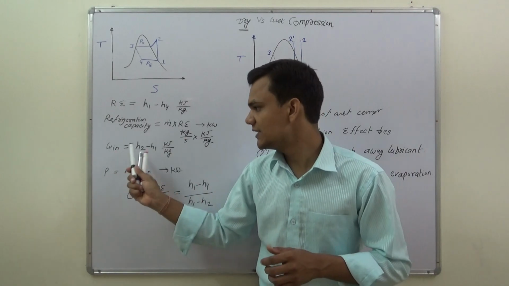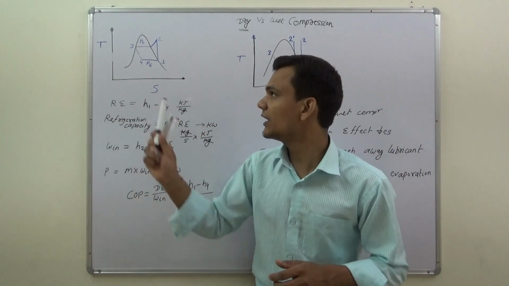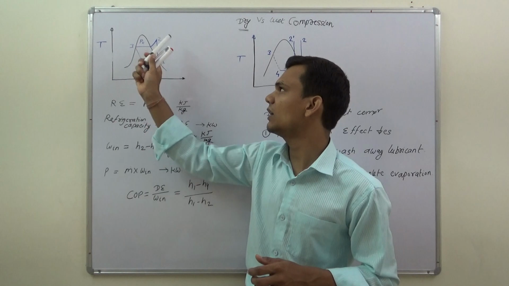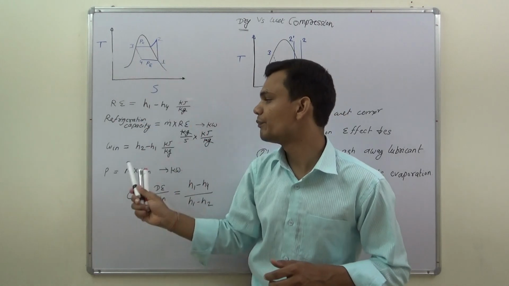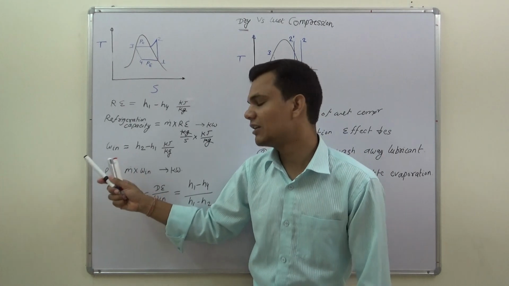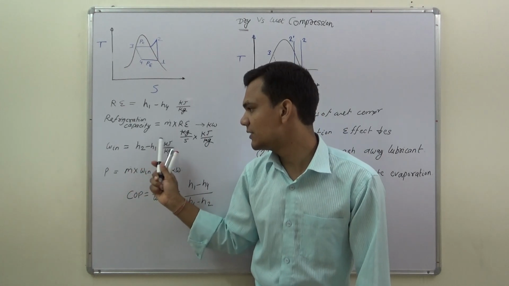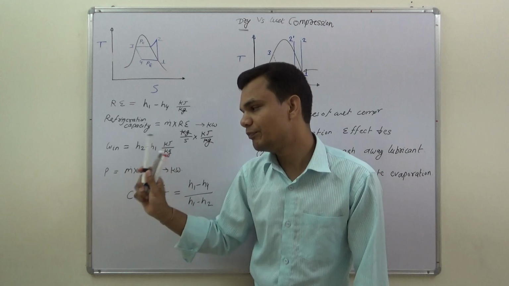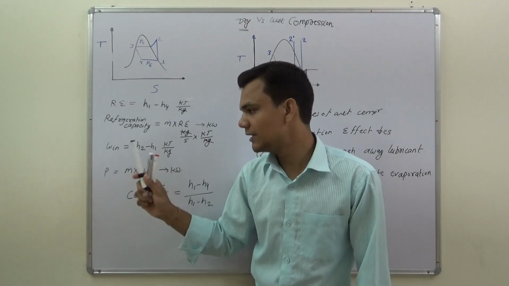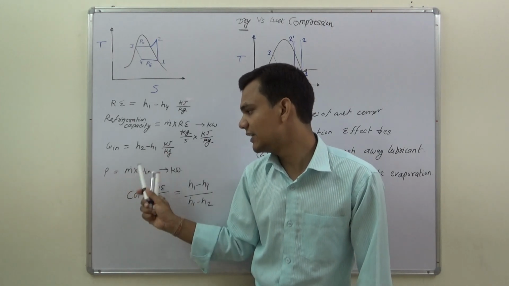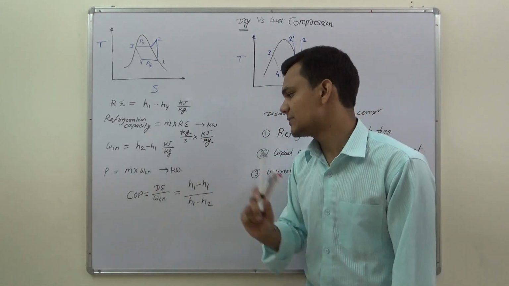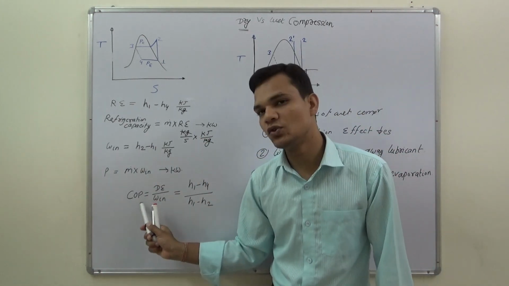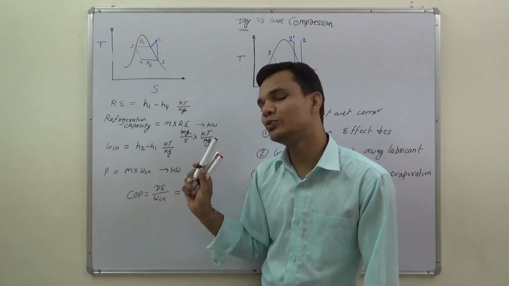And the third formula is work input. Work input is the work supplied to the compressor, from point 1 to point 2. So the formula for the work input will be H2 minus H1 kilojoule per kg. And the formula of the power input will be mass flow rate multiplied by work input, and the unit will be the same as refrigeration capacity. And the formula of the COP is desired effect by work input.